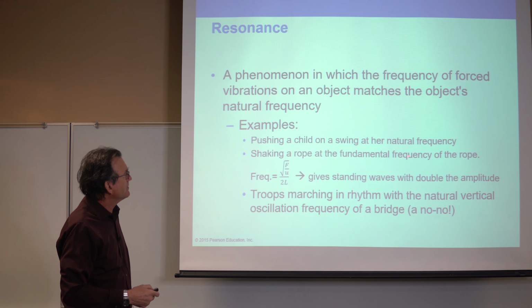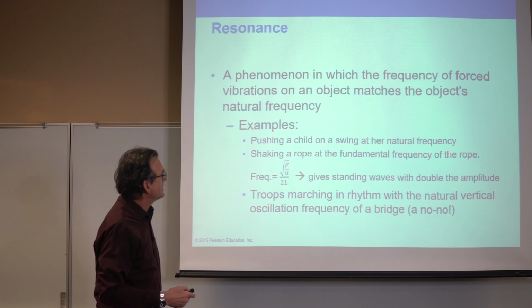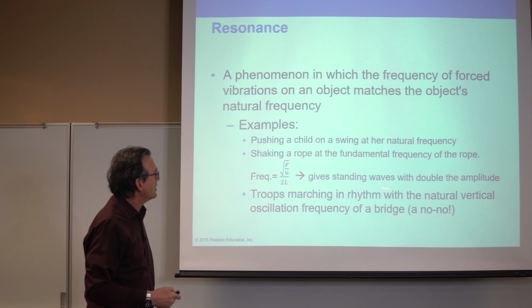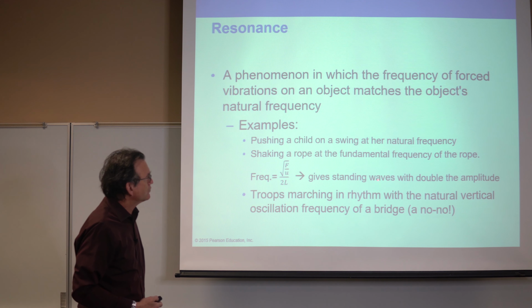Shaking a rope at the fundamental frequency of the rope produces these standing waves that we talked about. I can have a standing wave with the fundamental frequency or a multiple of the fundamental frequency, all of which will be natural frequencies for the rope.